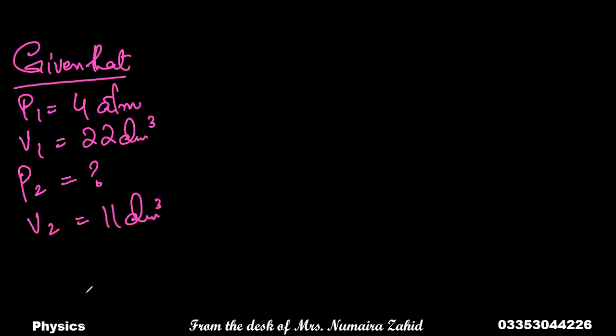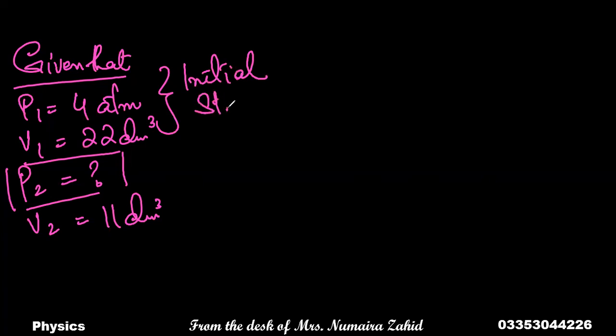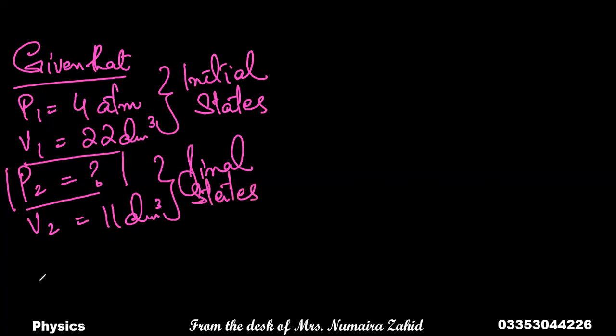This is a similar example, and I'm giving it in relation to the previous one. Here we need to find out the final pressure. These are the initial states of the system, and these are the final states. And here temperature is kept constant.